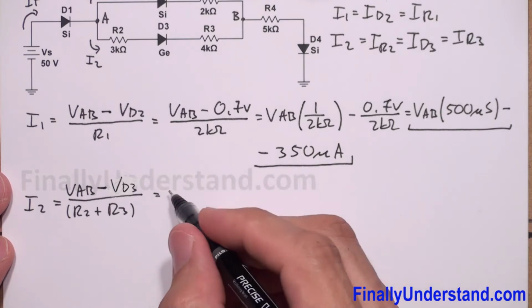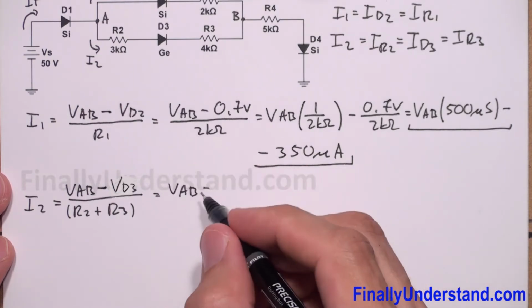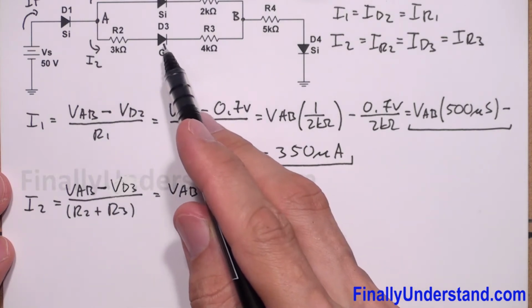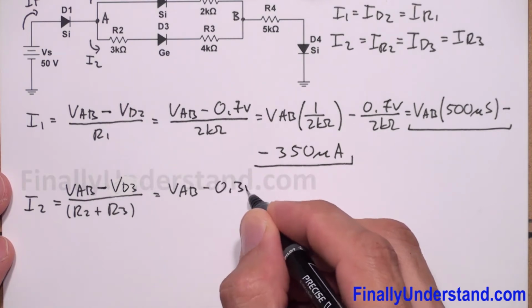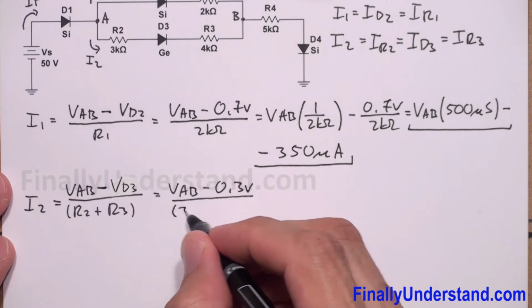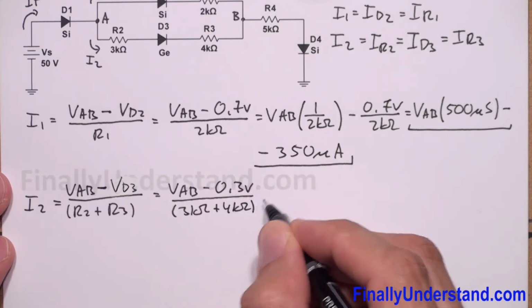This is VAB minus VD3, the voltage across the germanium diode, which is 0.3 volts, over R2, which is 3 kilohms, plus 4 kilohms.